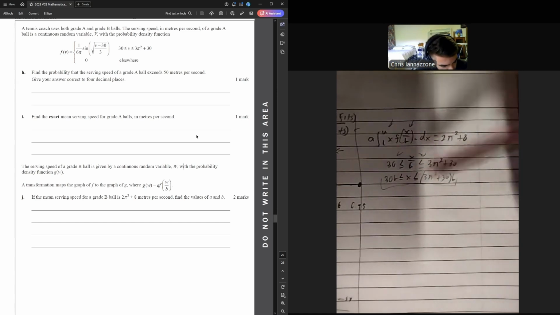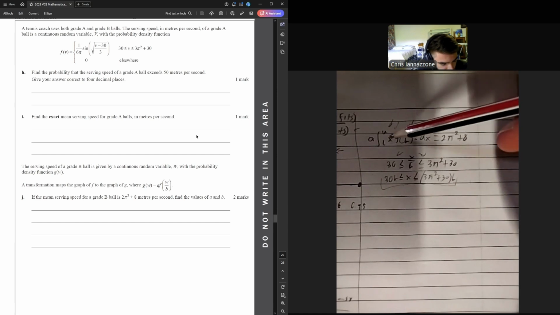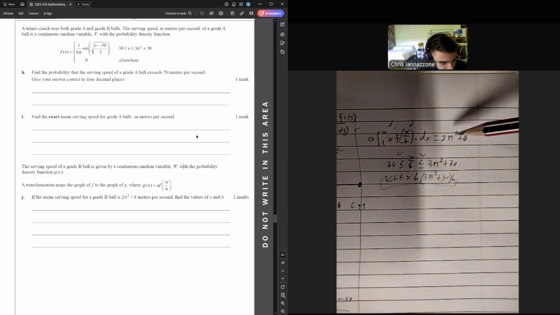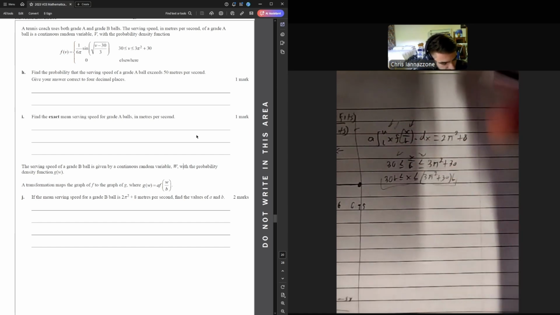But okay, that's one equation. What else can we do? We still know that the total probability under the graph needs to equal 1. This one was a mean equation: x times the transformed f of x with the new bounds has to equal that value. We also know the total area under the graph has to equal 1.